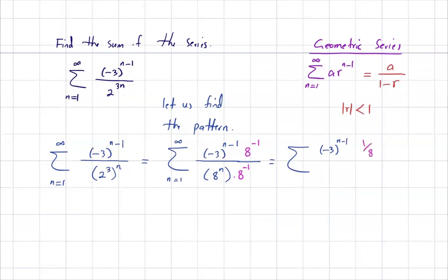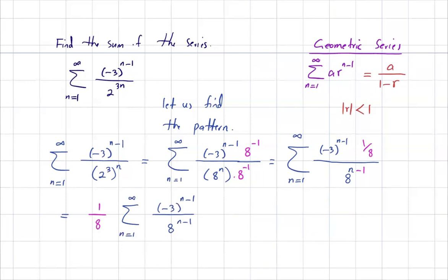And down here, you can combine these two with the same base, and the exponent is n minus 1, and n starts from 1, goes to infinity. Beautiful. So this can be written as 1 over 8 times the series of (-3)^(n-1) divided by 8^(n-1).